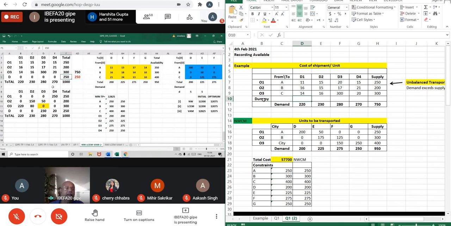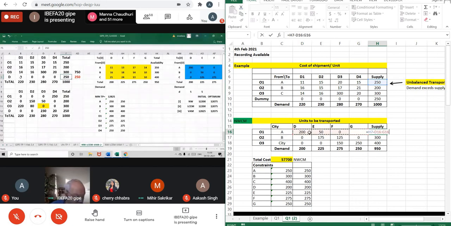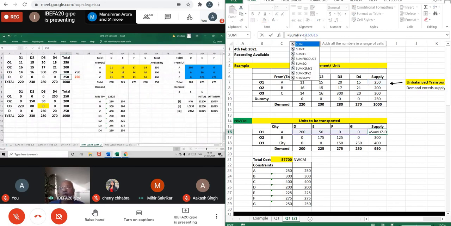Dummy is introduced to convert the TP into balanced, that's all. And because of 0, it will never be included in my computation.